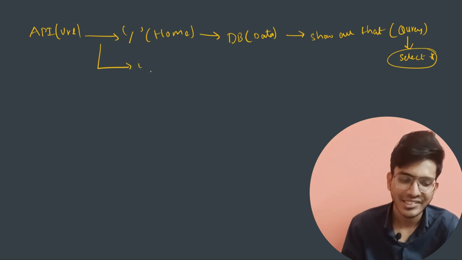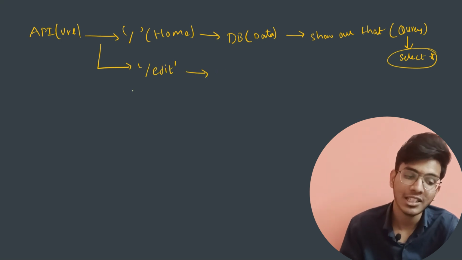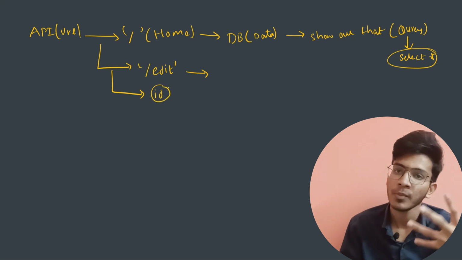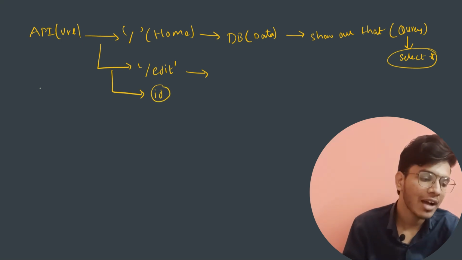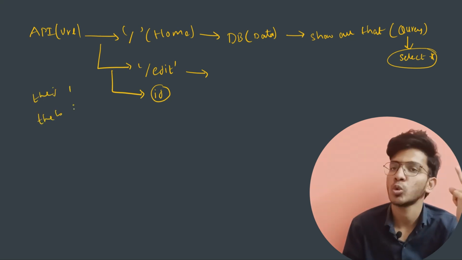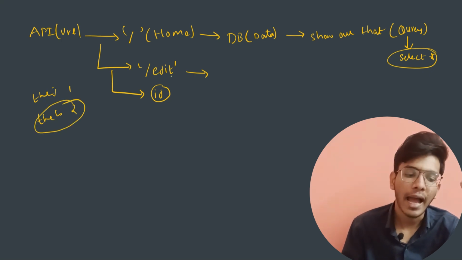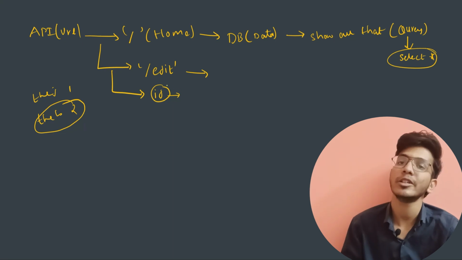If I get /edit now, then I will choose that particular ID. In this path I will also add which ID you want to perform it for. For example, let's say I am having a user Jabir Hussain, his ID is 1. After that I am having Batman, his ID is 2. Now if I want to edit the data of the second user, then I have to give the ID along with the URL, right?